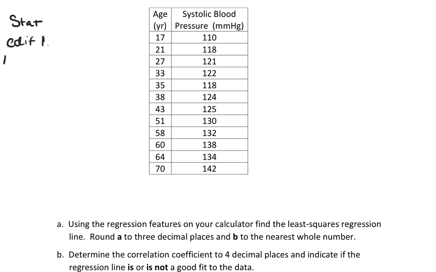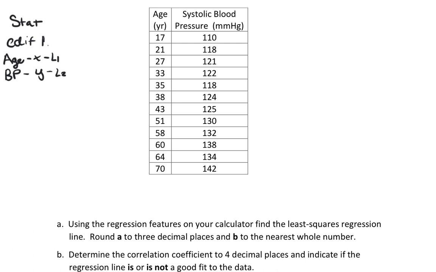So age is going to be our X's, or our L1, and our blood pressure, or BP, is going to be our Y, or our L2. So our X's are the L1 column, Y is the L2 column.